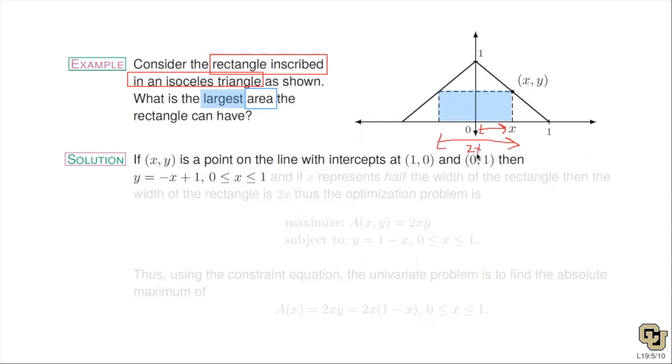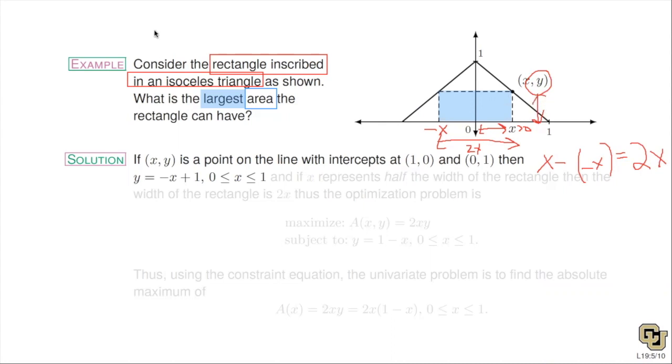Or another way to think about it, if this is x where x is positive, then this would be negative x. The way we calculate the width is right minus left. So x minus negative x, we get that the base of our rectangle is 2x. And the height of our rectangle is y, this distance.